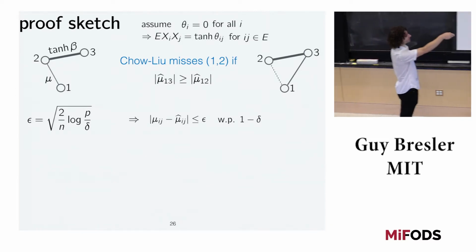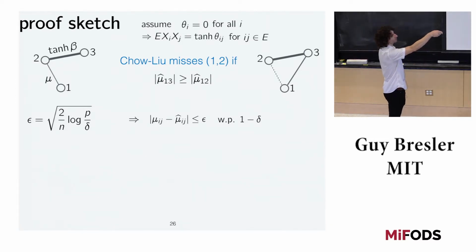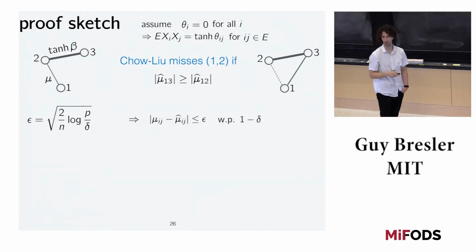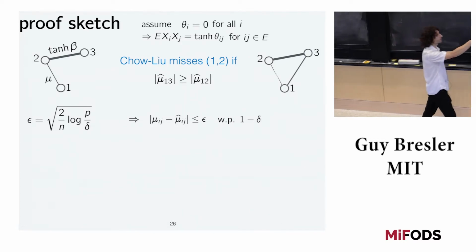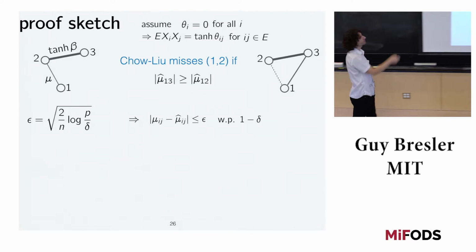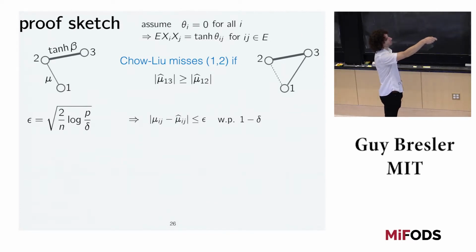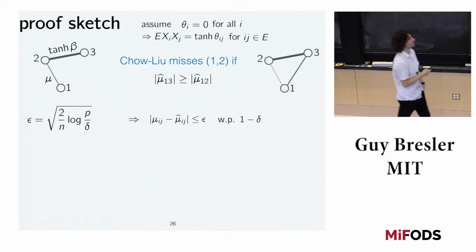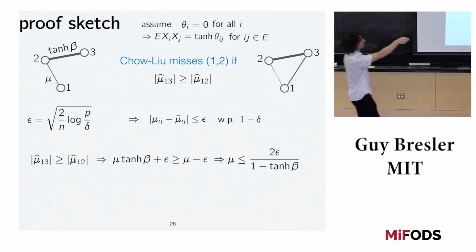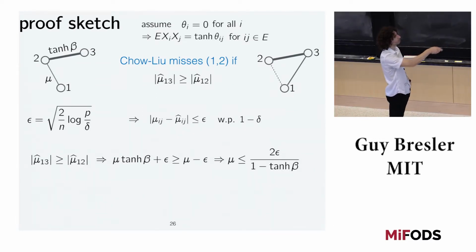Now, each of the empirical quantities is close by epsilon to the true quantity, where epsilon is the square root of 2 over n times log p. This is just Hoeffding's inequality. So these quantities are pretty close to the true ones. And so we can understand what situation causes Chow-Liu to make a mistake. All right, so mu 1,3 empirical is bigger than mu 1,2 empirical.